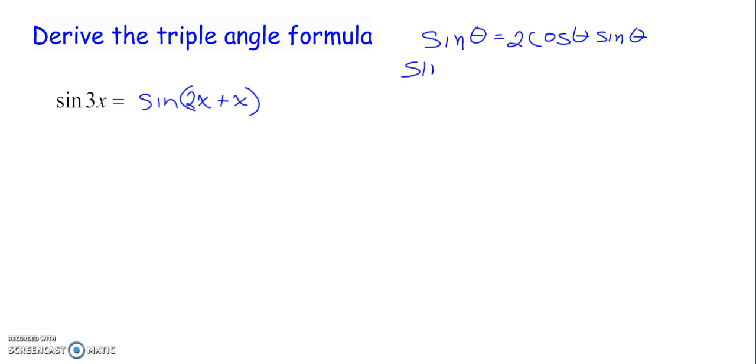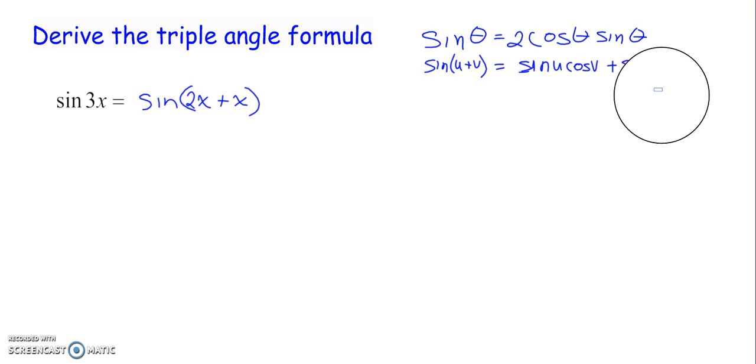So the other formula I am using from our last section, sine of u plus v equals sine u cosine v plus cosine u sine v.